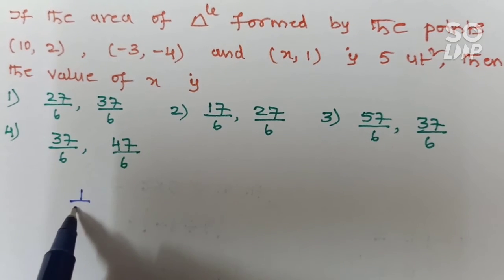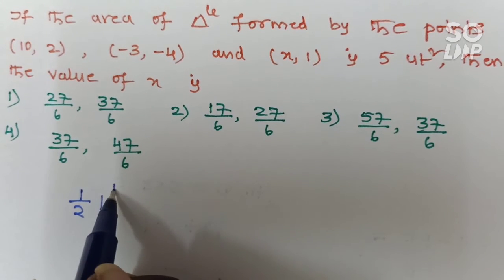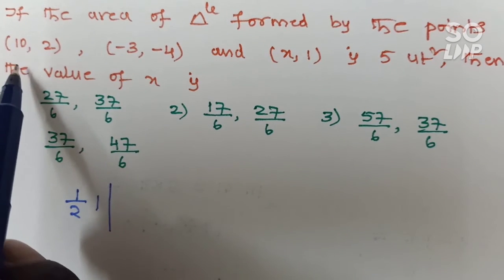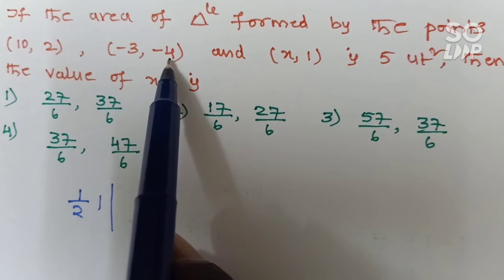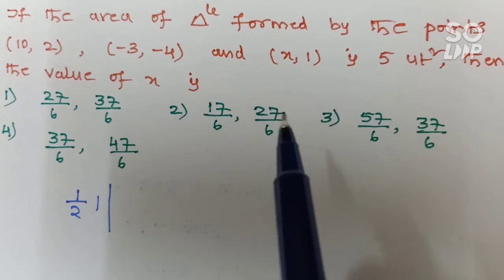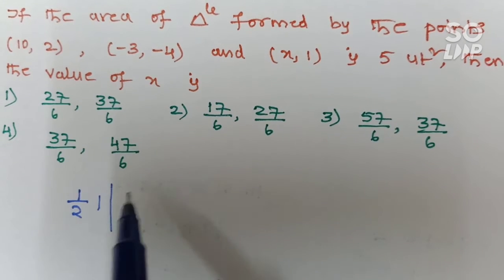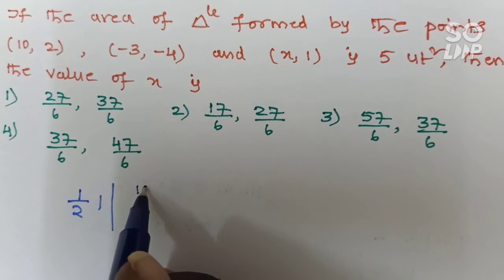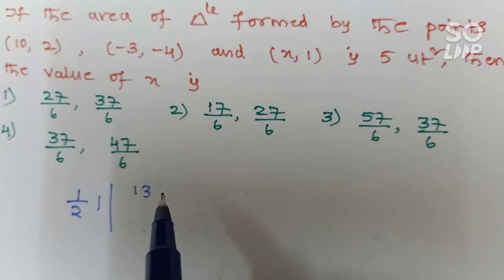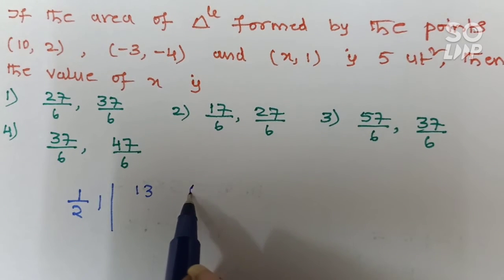So what is the area of the triangle? Half times the modulus of the determinant, where the first point is (x1, y1), the second is (x2, y2), the third is (x3, y3). x1 minus x2 is 10 plus 3, that is equal to 13. y1 minus y2 is 6.